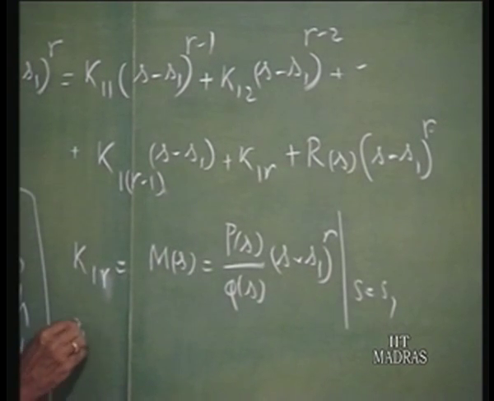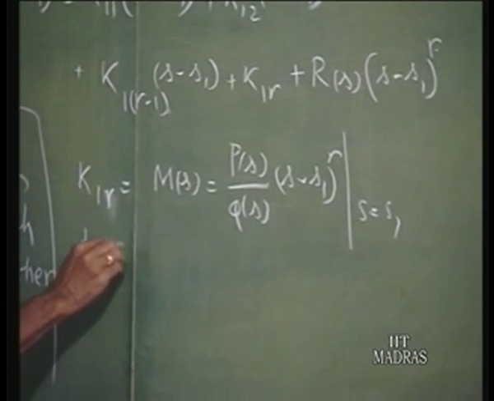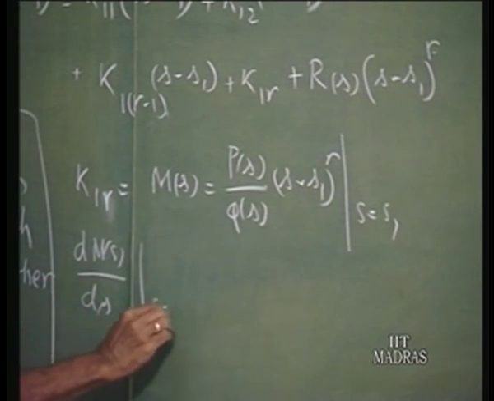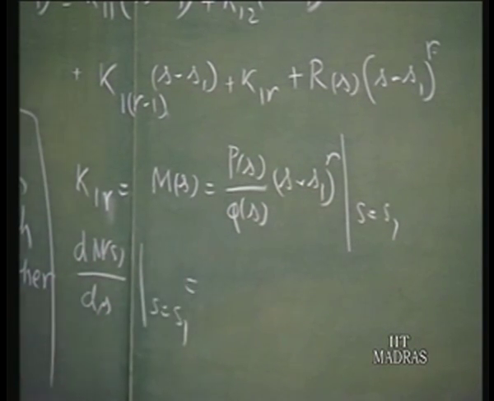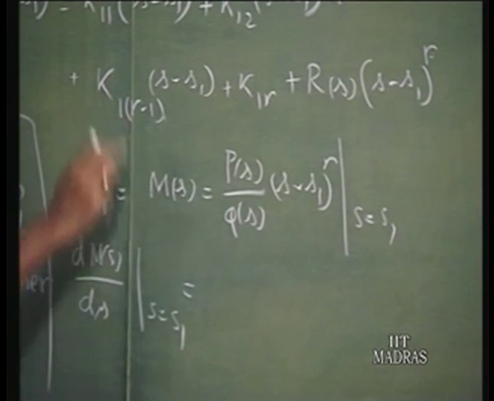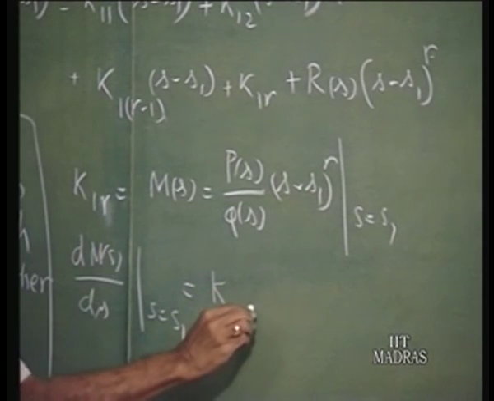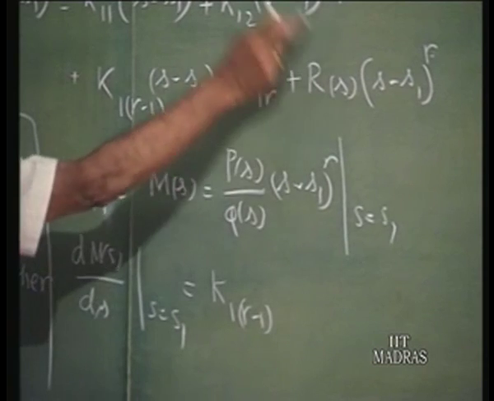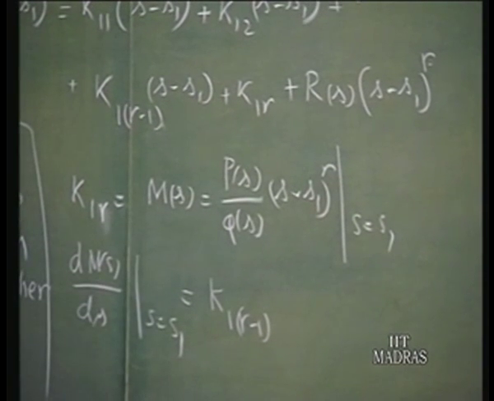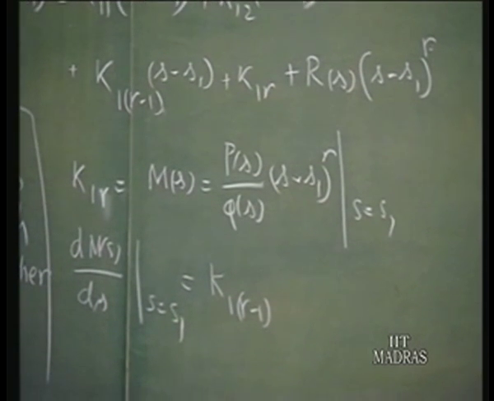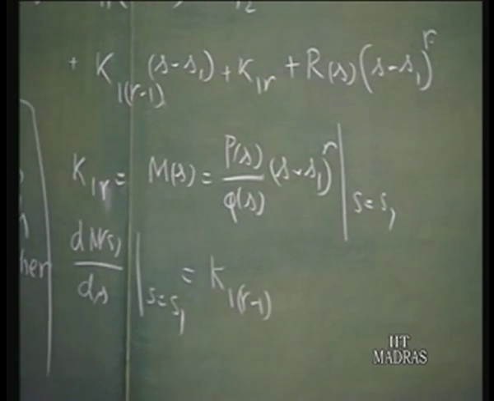So when you have dM(s)/ds and substitute s equal to s1, the only term that remains is k1(r minus 1), because k1r disappears, and all the other terms have a factor (s minus s1). Therefore when you substitute s equal to s1, that remains, that is k1(r minus 1).